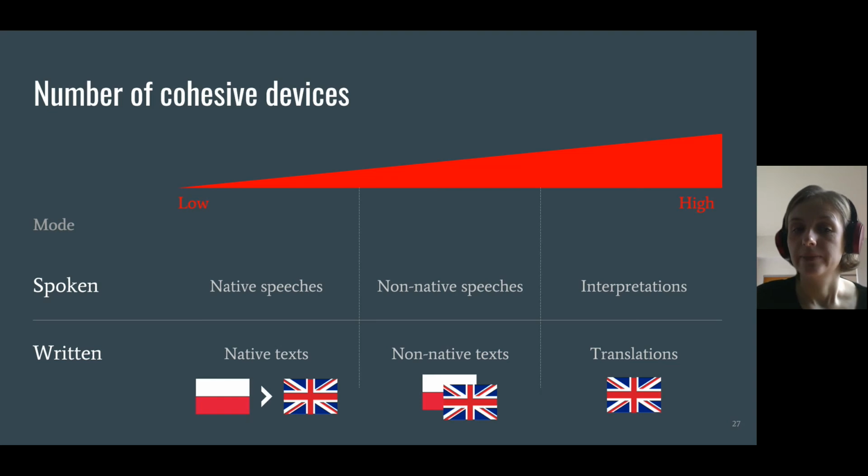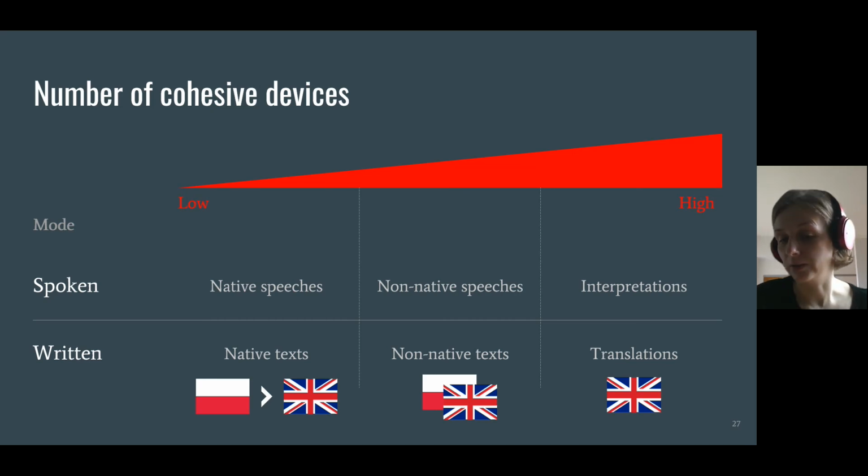So when you're using your language, your mother tongue, you're not linking your ideas as explicitly as non-native speakers, translators, and interpreters do. This is most probably because when you speak a foreign language, interpret and translate, you want to be better understood. You're not so sure about your linguistic competence sometimes, and you just want to make sure that the message that you have to say is well understood.